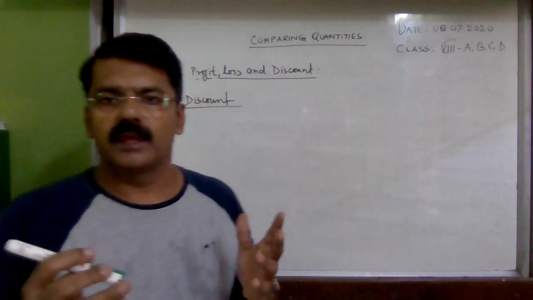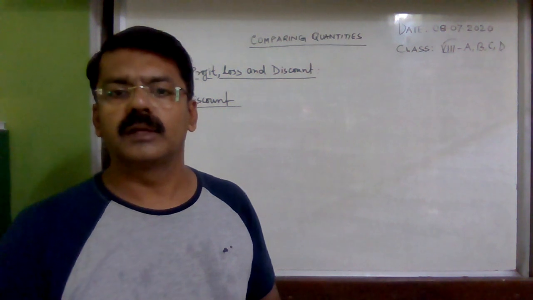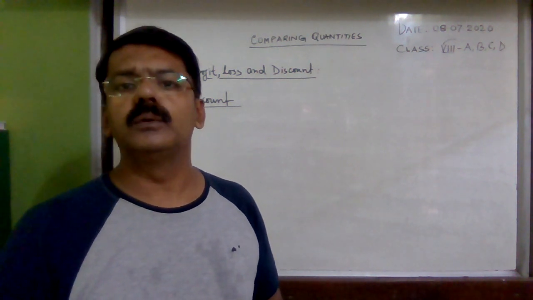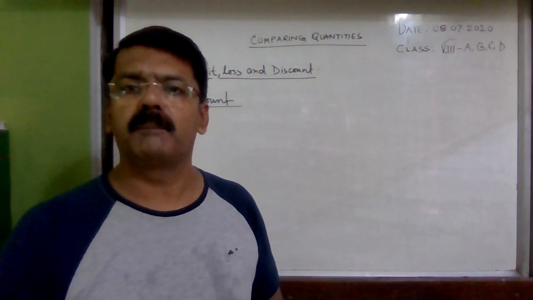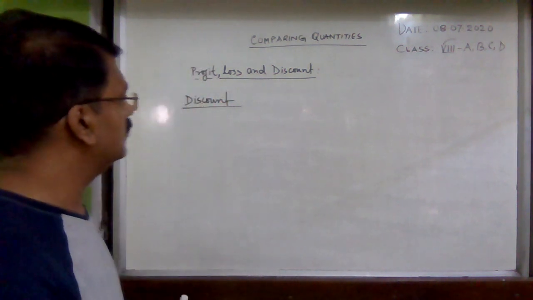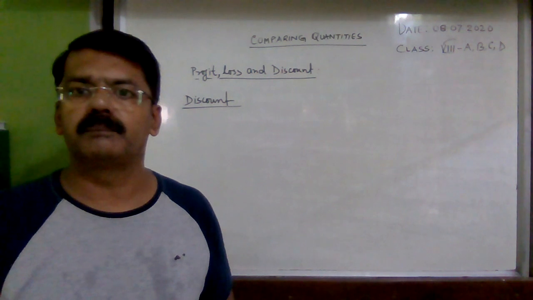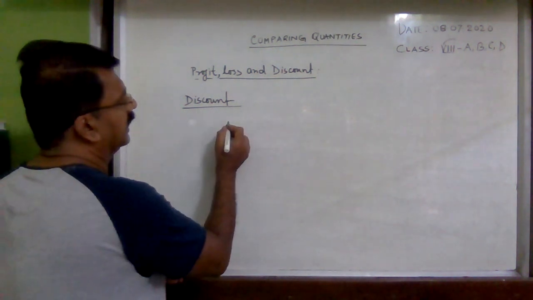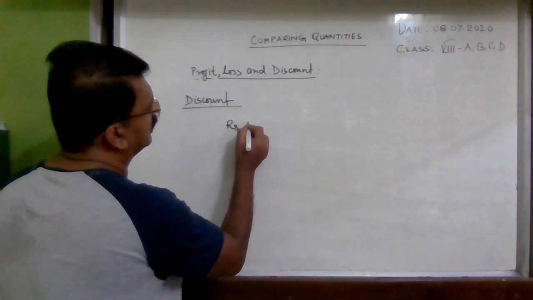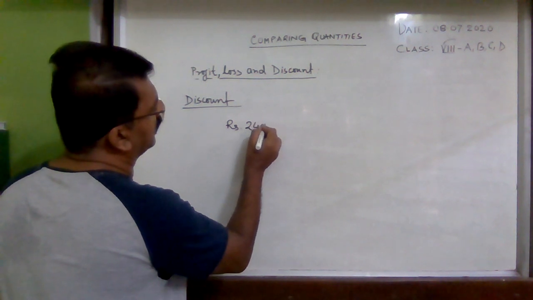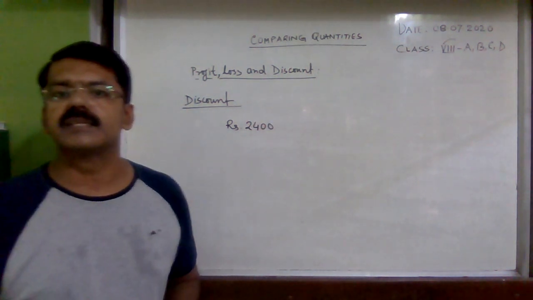Suppose you are a customer and you go to a store to buy a pair of shoes. Suppose on the box of the pair of shoes, rupees 2400 is written.